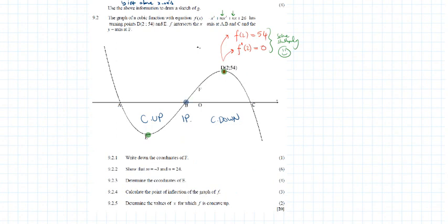So I have concave up before that and concave down after that. The concave up condition is x is less than minus 1. Concave down condition is x is more than minus 1. And the inflection point is at x is minus 1, and 0. That was 9.4. So we can use this information in 9.3 in the following questions.